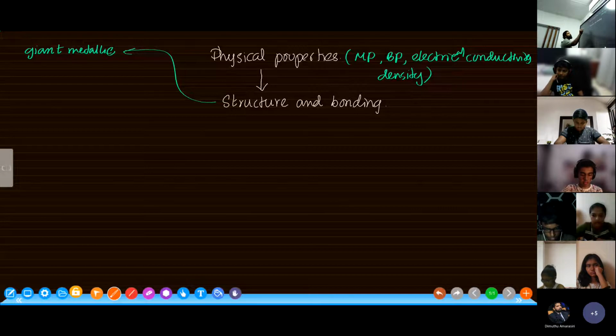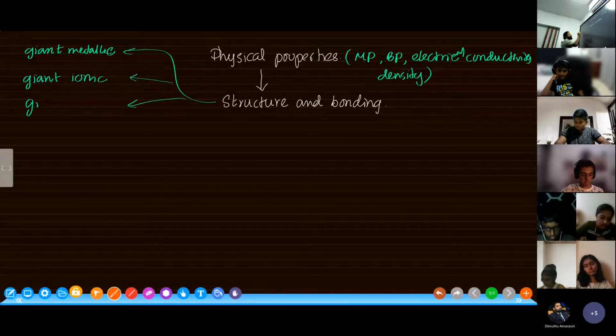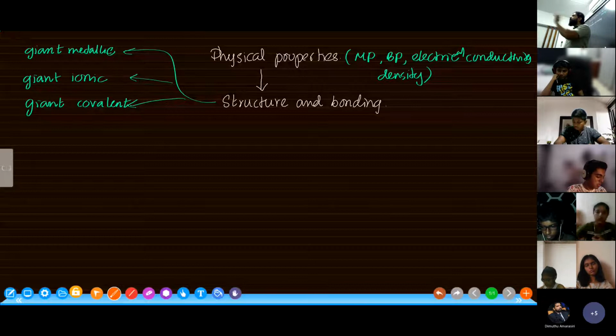So then it should be giant metallic, or your substance can be what? Giant ionic. Your substance can be giant covalent, and all these three are going to have high melting point, high boiling point, high densities, except for some anomalies such as in metals.